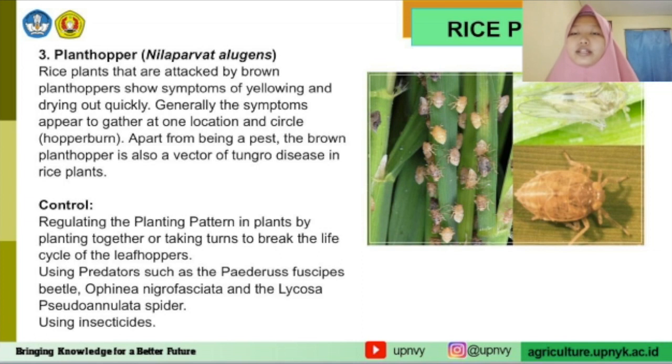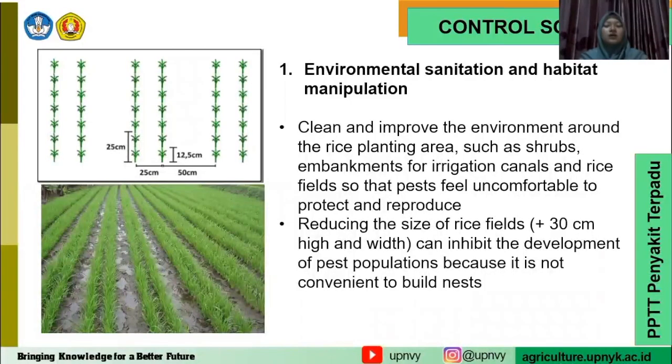Control: regulating the planting pattern by planting together or taking turns to break the life cycle of the hoppers, using predators such as the Paederus fuscipes beetle, Ophionea nigrofasciata, and the Lycosa pseudoannulata spider.